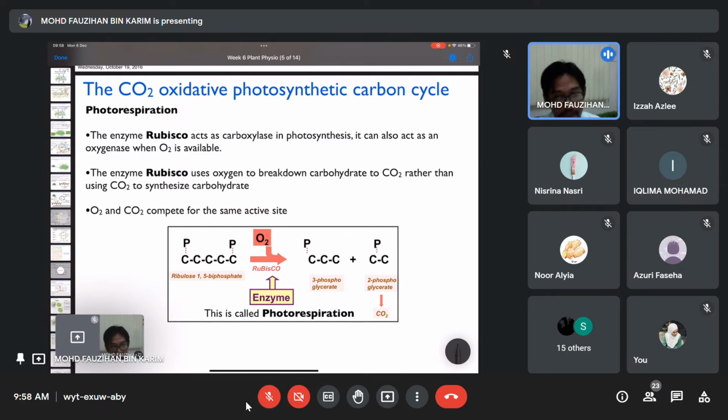Of course, bila dia capture, it's not simply as the carbon will go in and then fix into glucose. Of course, there is a process yang saya just mentioned, carbon fixation ataupun carboxylation. Alright.